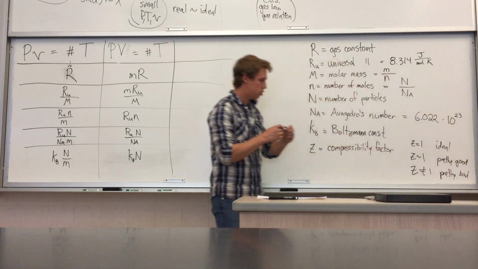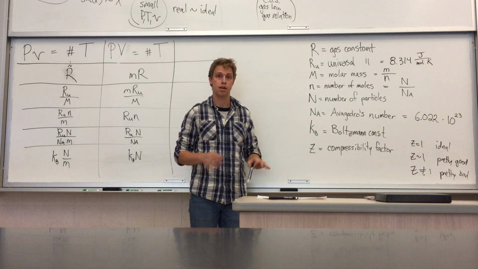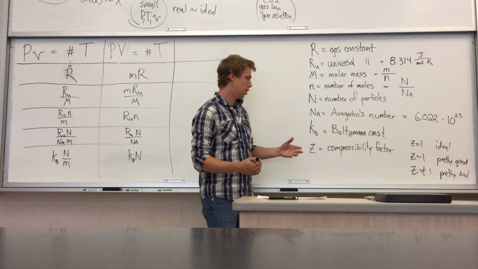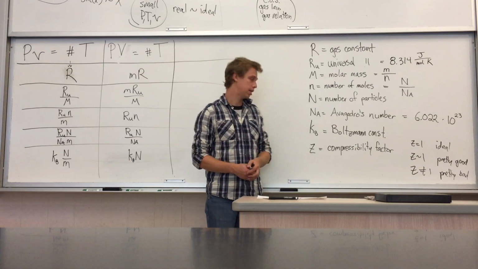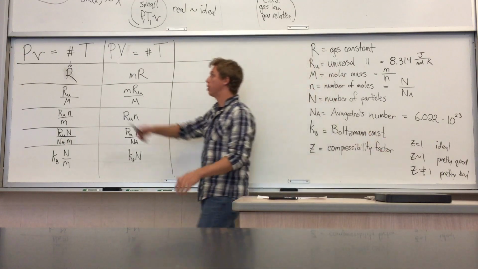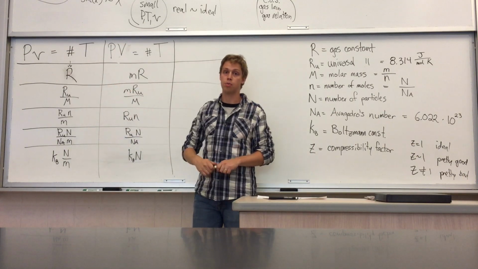So Z just measures how close we are to being an ideal gas. How close does that equation actually measure the real properties of the gas? And for an ideal gas, since Z is 1, we don't have to write it. That's why we can just write this for an ideal gas. Z equals 1, we don't have to put it there.